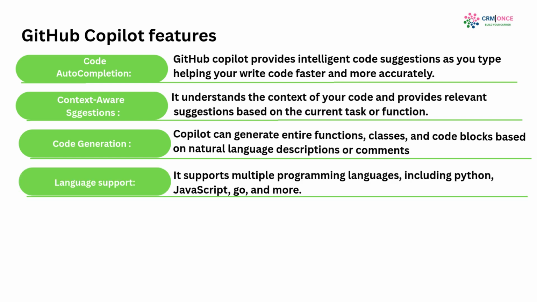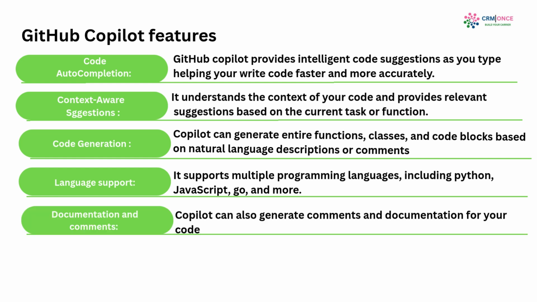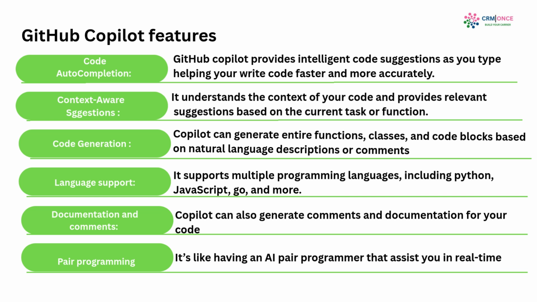Multi-language support: supports languages like Python, JavaScript, TypeScript, Go, Ruby, and many more. Documentation and comments: generates meaningful inline comments and documentation to explain your code. AI pair programming: think of Copilot as an AI developer partner, assisting you as you write code.